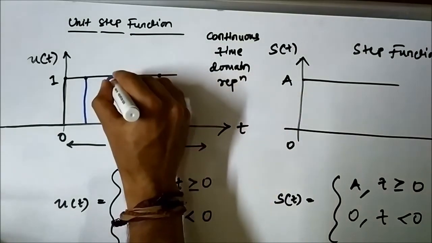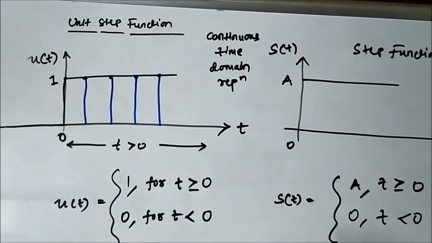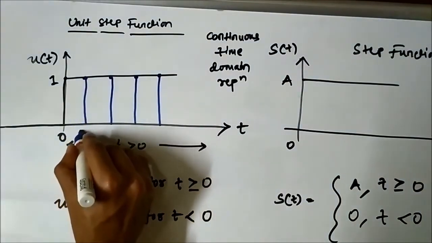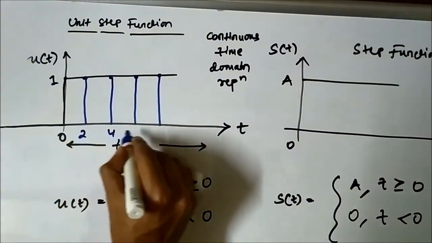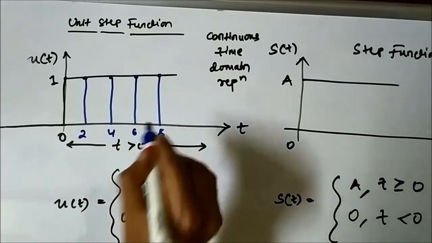These are the samples. Suppose we took samples of the signal, let's say this is 2 seconds, this is 4, this is 6, and this is 8.